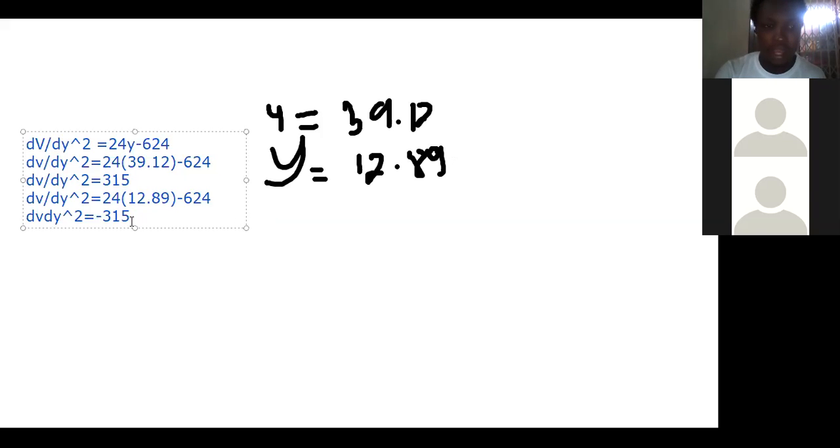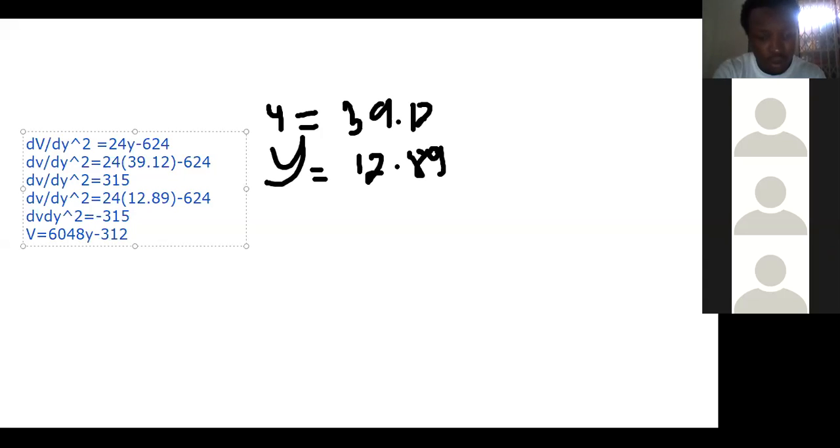Yes, sir. So now to find the maximum volume itself, we know right from the onset that v was given as 6048y minus 312y squared plus 4y cube.